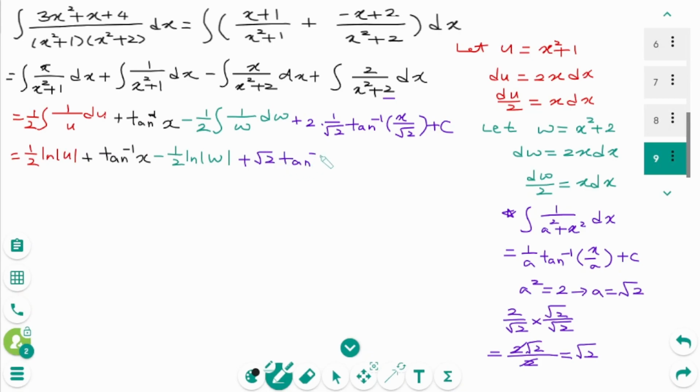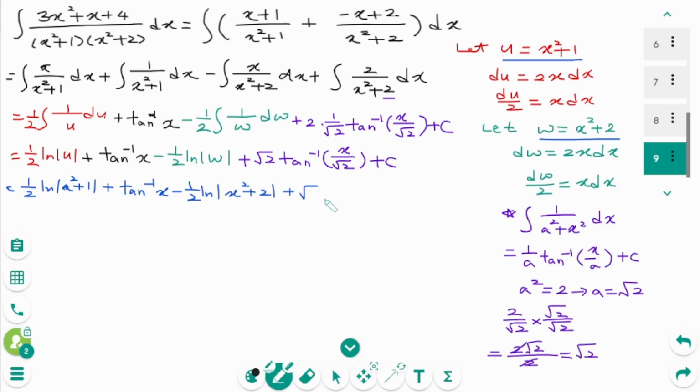Arctangent of x over square root of 2 plus c equals 1 over 2 ln of the absolute value of u, which was x squared plus 1, plus arctangent of x, minus 1 over 2 ln of the absolute value of w, which was x squared plus 2, plus the square root of 2 arctangent of x over square root of 2 plus c.